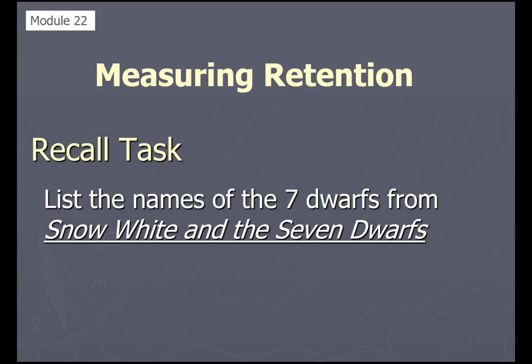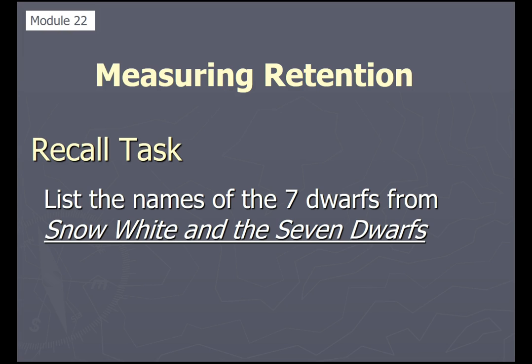Most students have a difficult time recalling all 7 dwarfs. And when I do this in a traditional classroom, when I survey the class, generally most students have 3 or 4 names. But another way we can measure retention is with a recognition task.